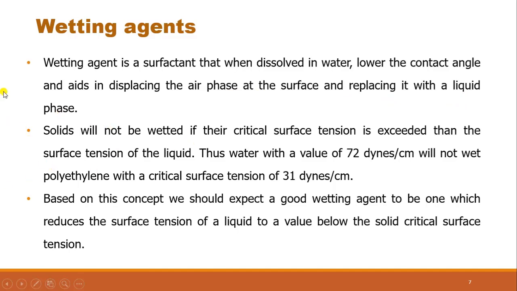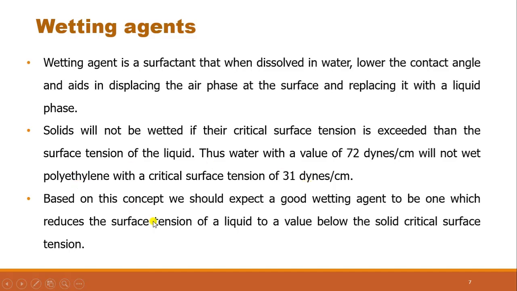A solid will not be wetted if its critical surface tension exceeds the surface tension of the liquid. Thus, water with a surface tension of 72 dyne per centimeter will not wet polyethylene with a critical surface tension of 31 dynes per centimeter.